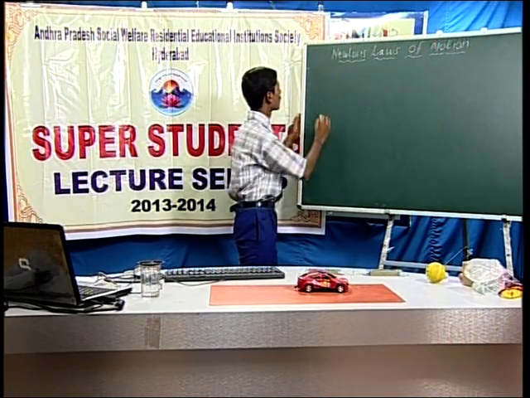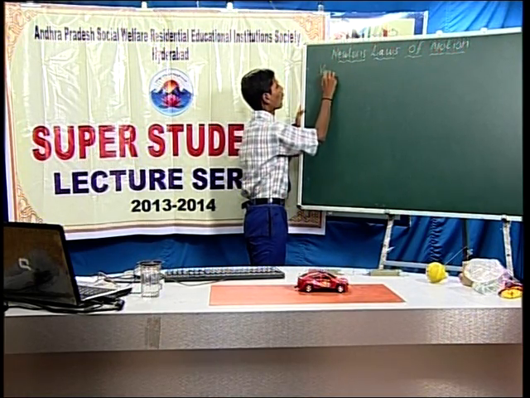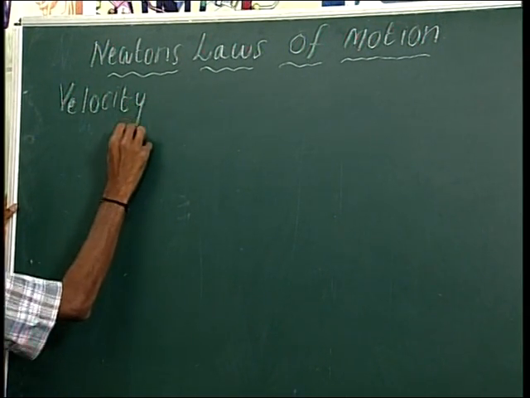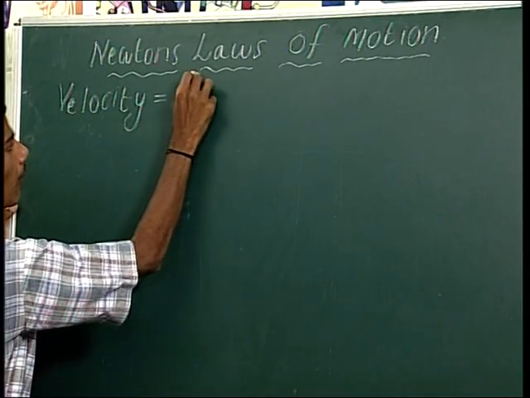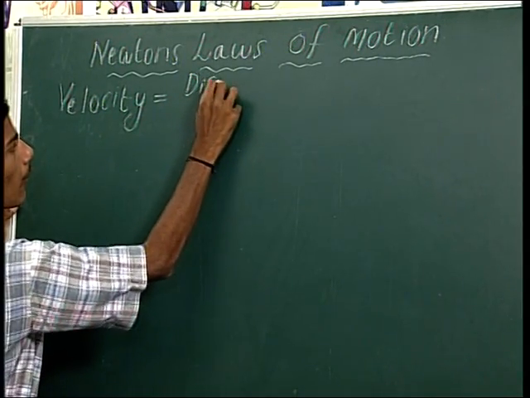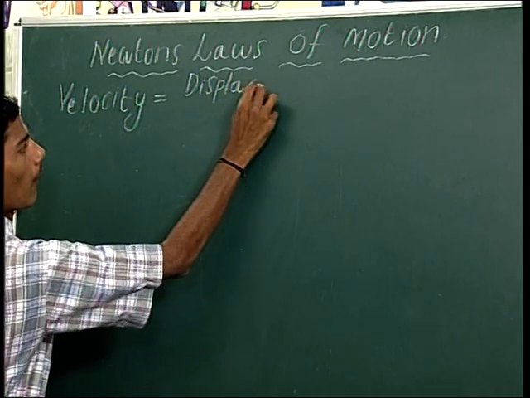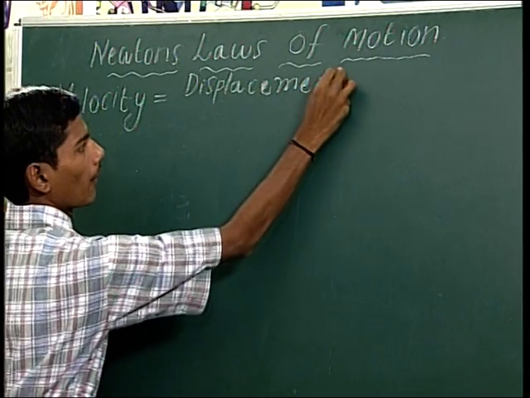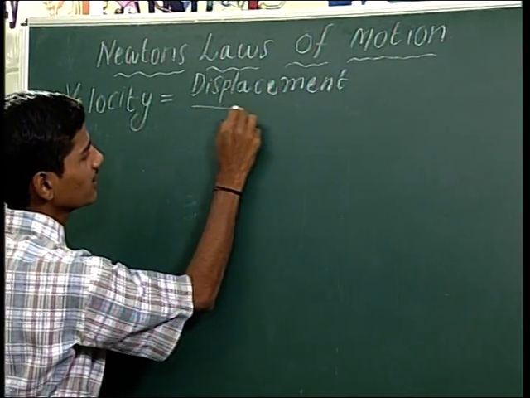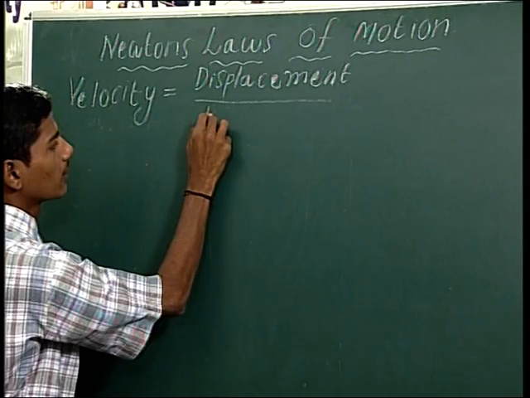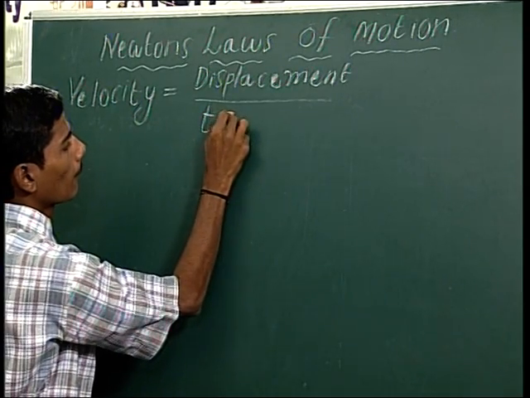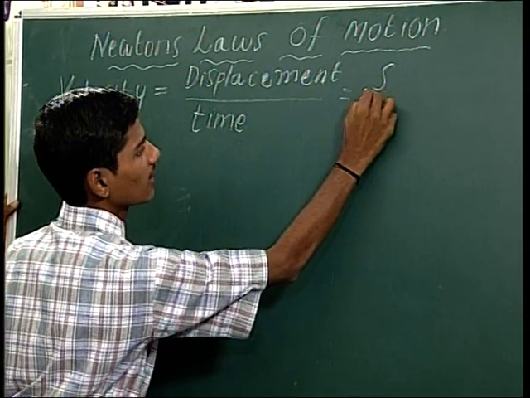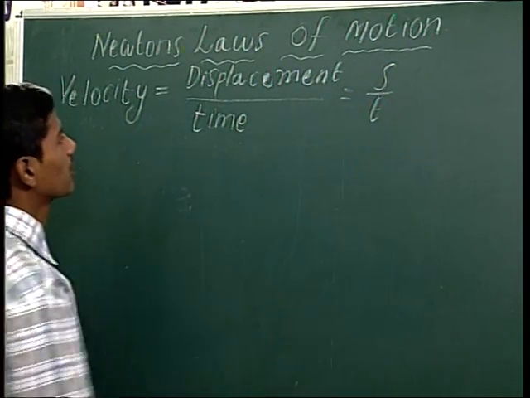Velocity equals displacement by time. Displacement is S, let us say, and time t.